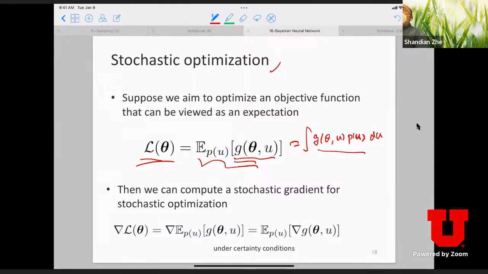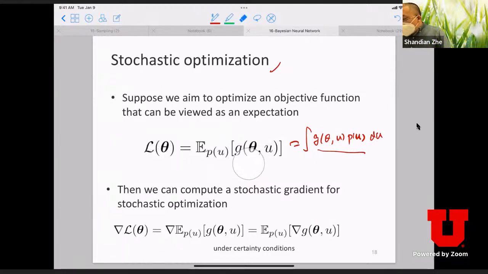This is usually analytically intractable or even doesn't have any closed form. Then how do we maximize or minimize an objective function for which we do not even know a closed form? Right? That's the problem that stochastic optimization wants to address. Okay.